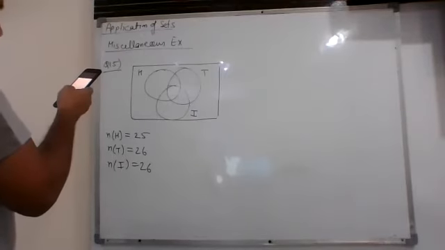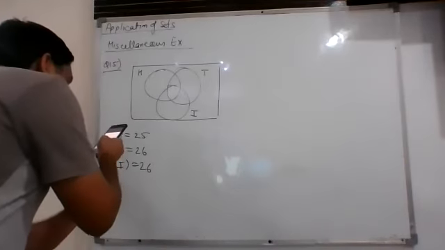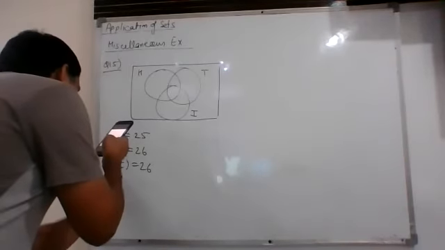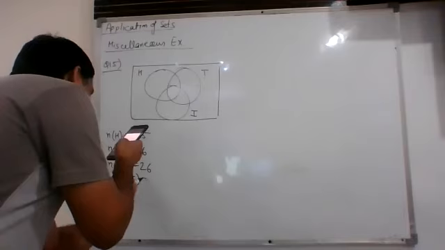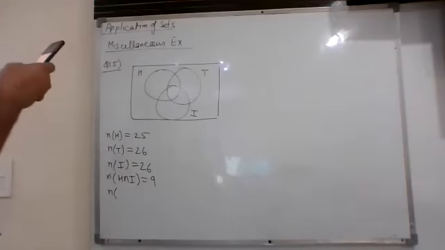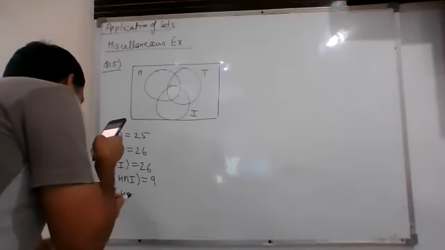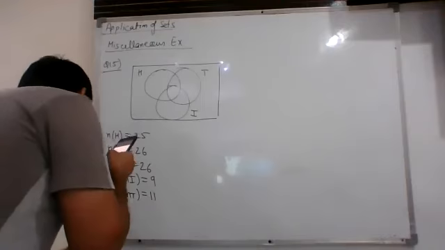Now it is written 9 read both H and I. Both means intersection. So this is your 9. After that, it is written 11 read both H and T. H and T is 11.